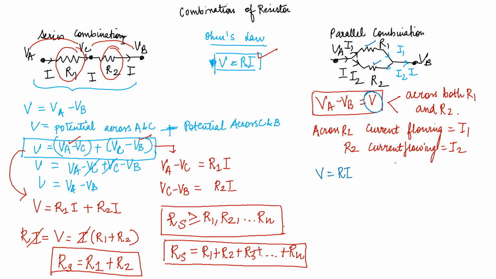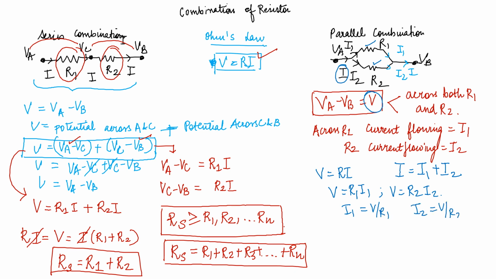Over here I equals I1 plus I2, because the same I divides into I1 and I2. So V equals R1 I1, and similarly V equals R2 I2. From here, I1 equals V upon R1 and I2 equals V upon R2.